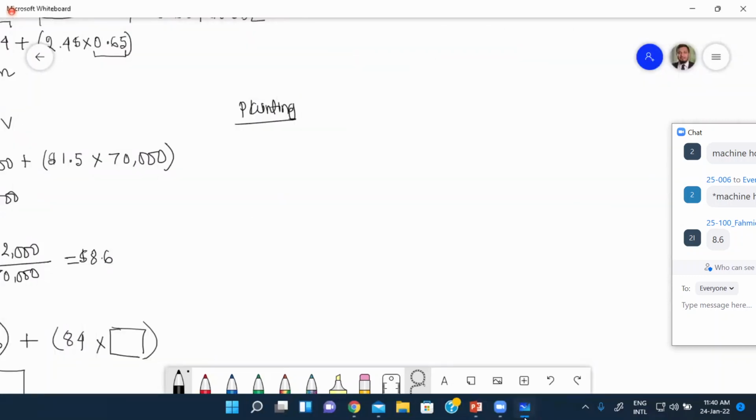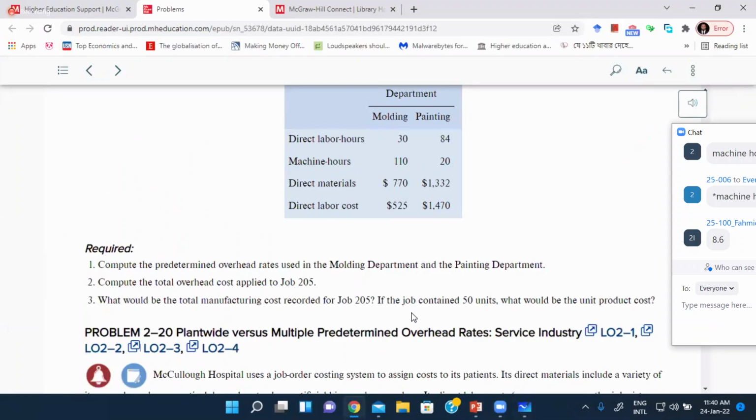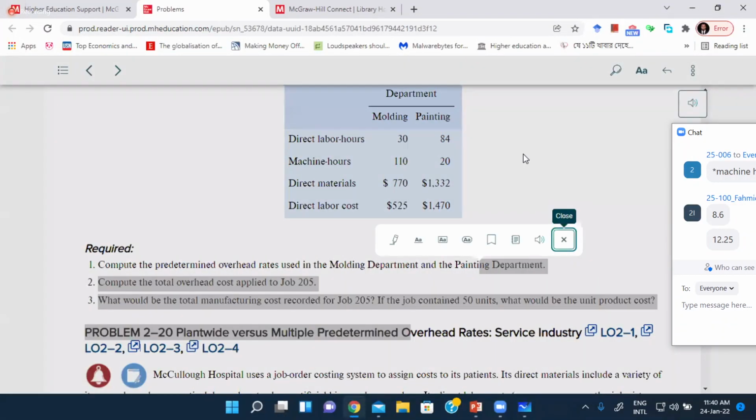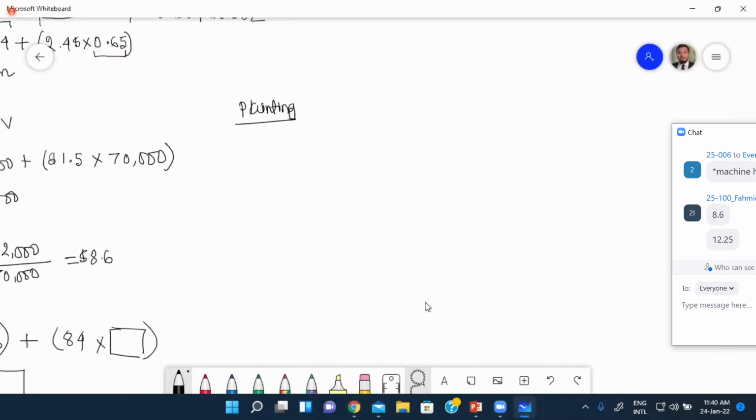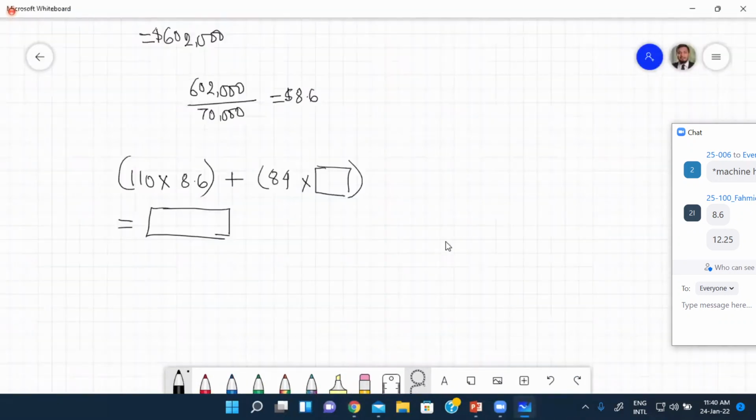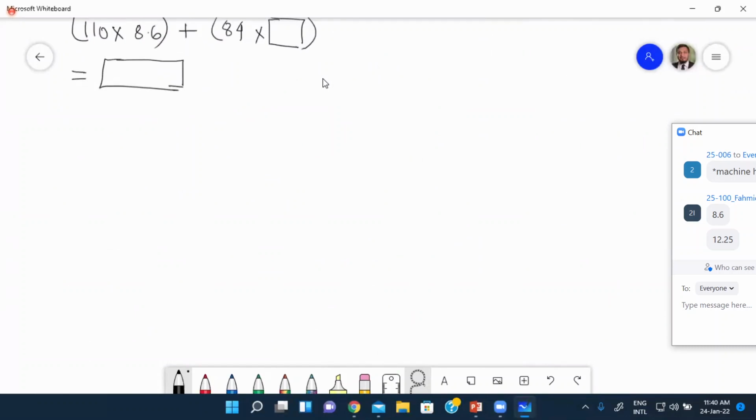And you will see that for molding department, we will get total manufacturing cost of around 2,241. It is for the molding department part. And for the painting department part, you will see that it is 3,831.